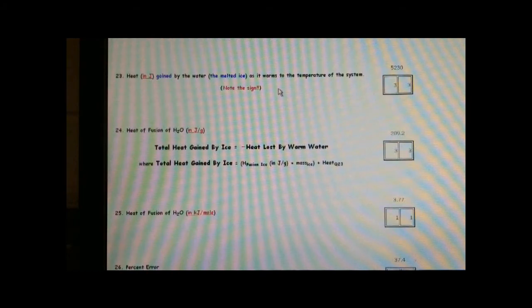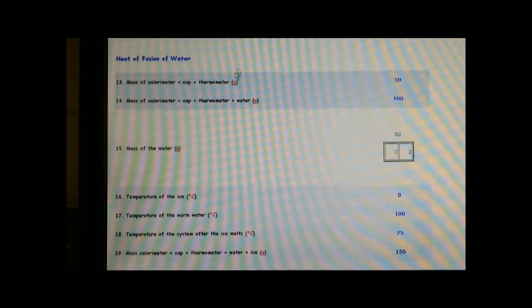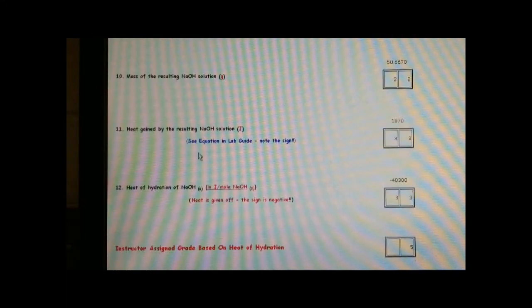And here we're looking at the mass of the neutralized solution. Okay, so the mass of the solution is just the total mass of the original solution as well as the HCl solution. So if we go back up here, the mass of the original solution, we calculated that. Here it is.